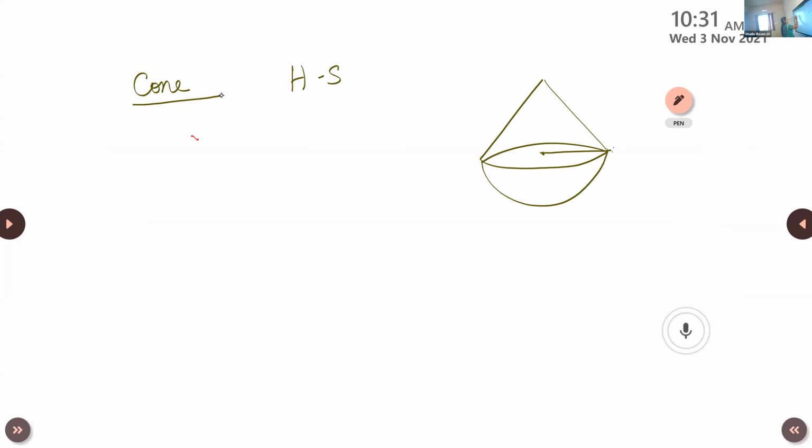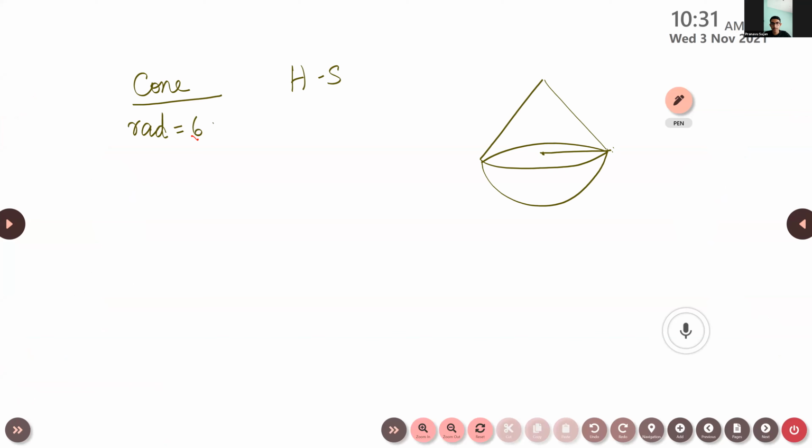What is the radius of the cone? Pranav? 6. So what will be the radius of the hemisphere? That is also 6.